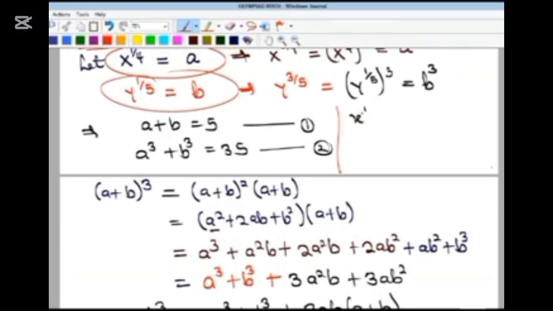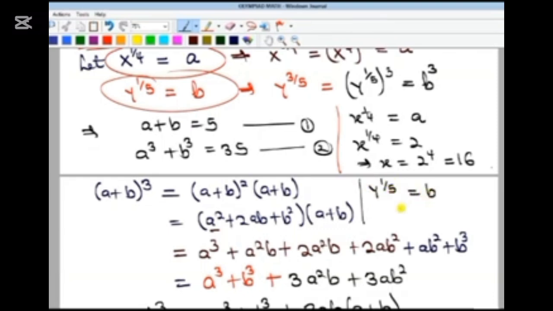Since x raised to the power of 1 over 4 is equal to a, and at first a is equal to 2, it means that x alone will be 2 to the power of 4, which is equal to 16. And y raised to the power of 1 over 5 is equal to b, and we got b to be equal to 3 when a is 2.